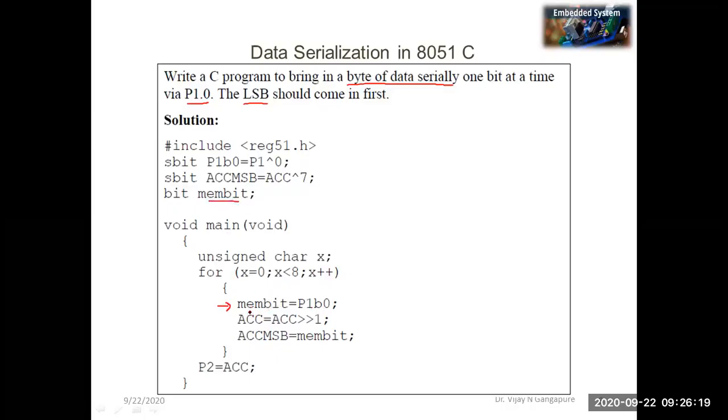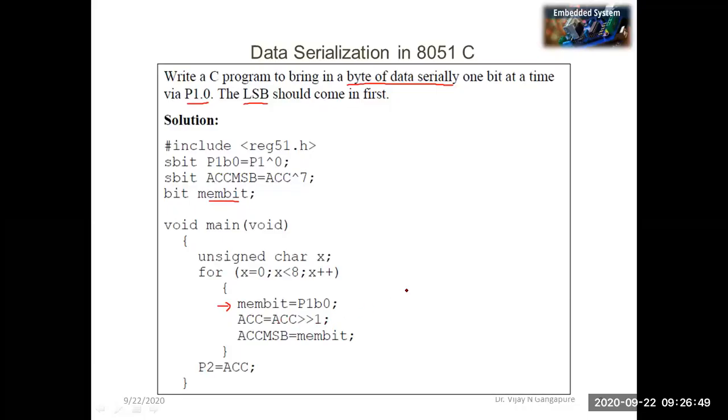So mem bit will have whatever data on pin number 0 of port 1 at this instance of time. That could be 0 or 1, means I'm just reading what data is serially available on pin number 0 of port 1. Then ACC is equal to ACC shifted by 1. Then I'm simply shifting accumulator by one position towards right.